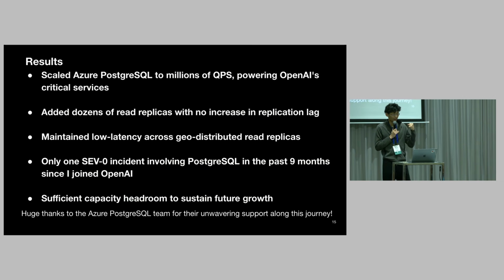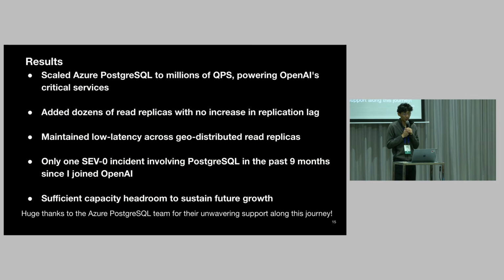It can also achieve low latency across the geo-distributed replicas, because we need replicas at different geo locations. For example, we have some replicas in Australia and some in Asia to better serve the traffic there. With this, we see low latency across the geo-distributed replicas.